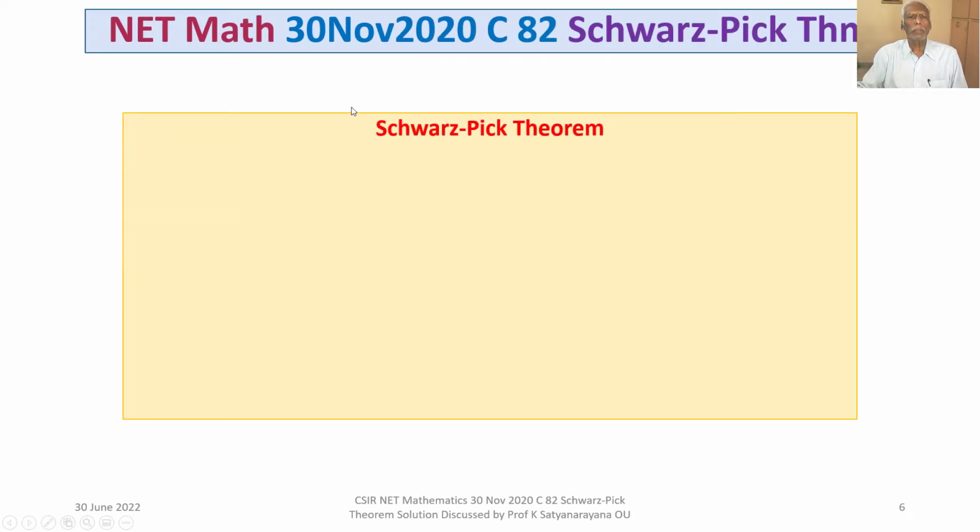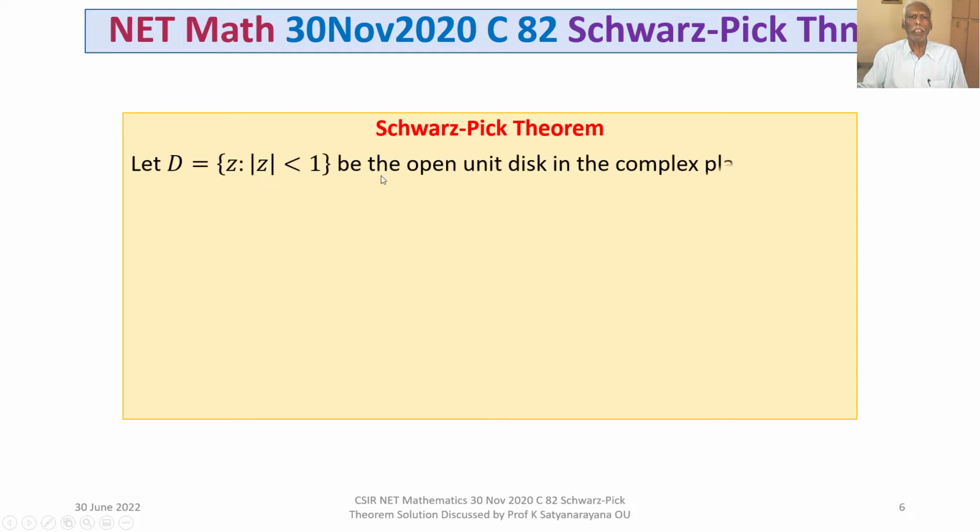Before going into the proof, let us recall a famous theorem, Schwarz-Pick Theorem. Let D be the open unit disk in the complex plane C. Let f be a mapping from D to D, which is a holomorphic function.